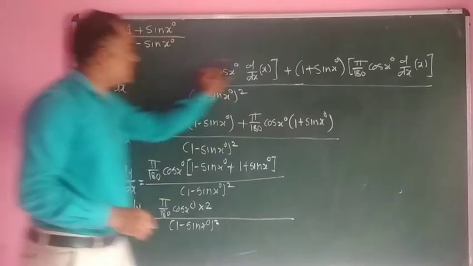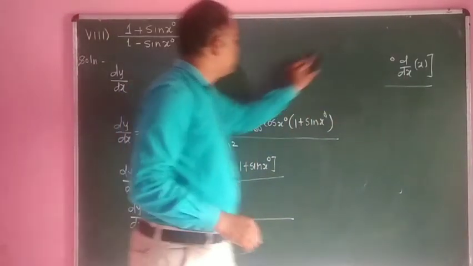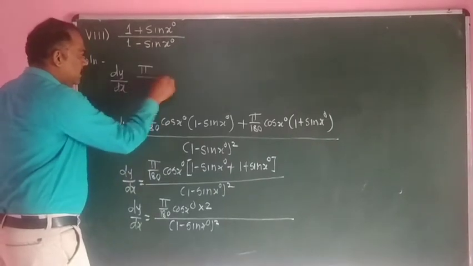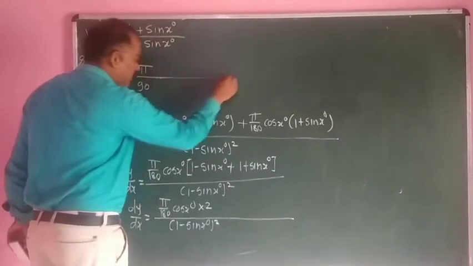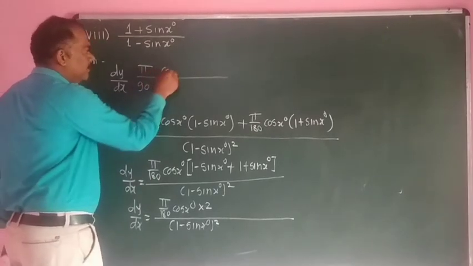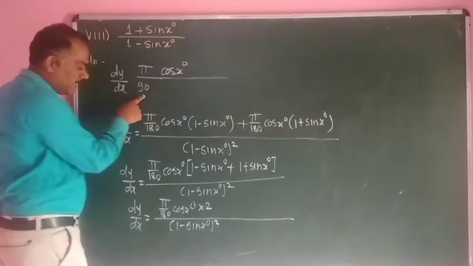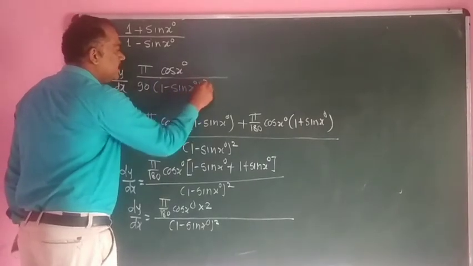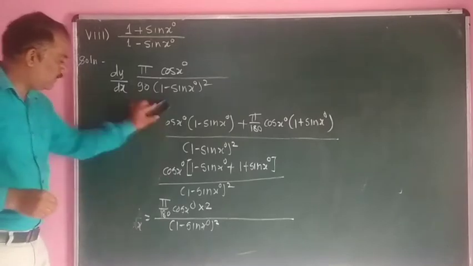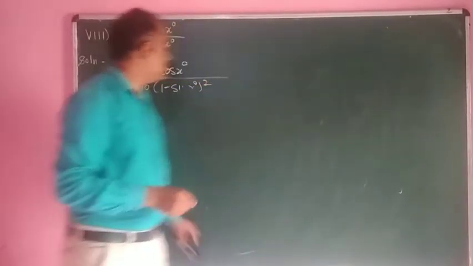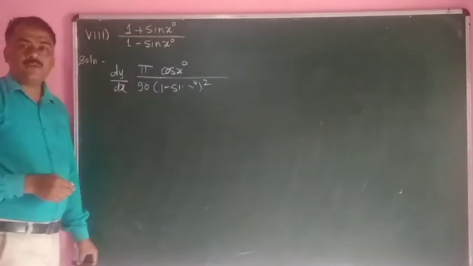We can write it like this: pi upon 90, and what remains is cos of x degree in the numerator and (1 minus sine x degree) whole square in the denominator, which is the required answer.